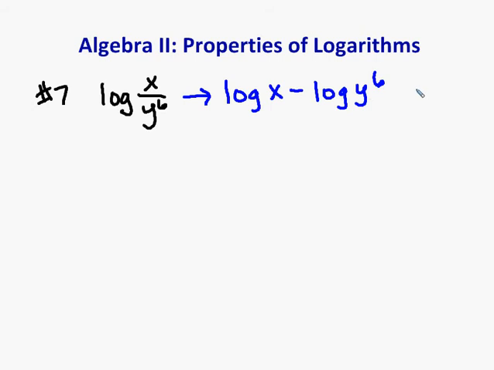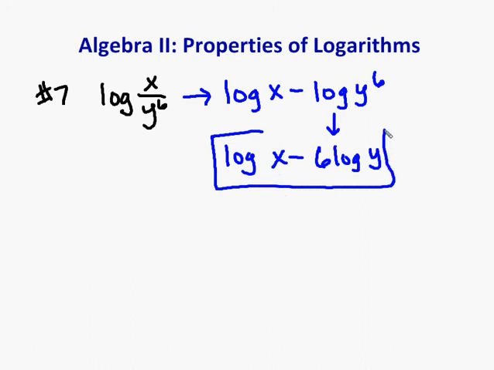So I've just used my quotient property. Now I can use the power property to change this value into 6 log of y. So I've finished my expansion, and here's my answer. Log of x minus 6 log of y.